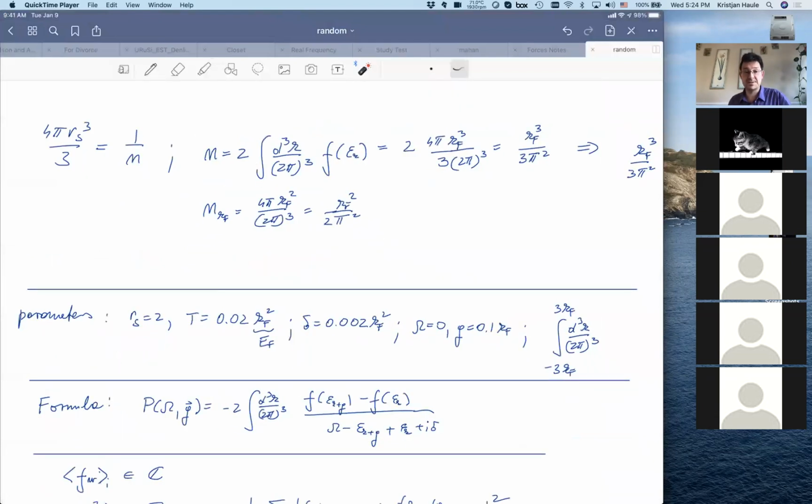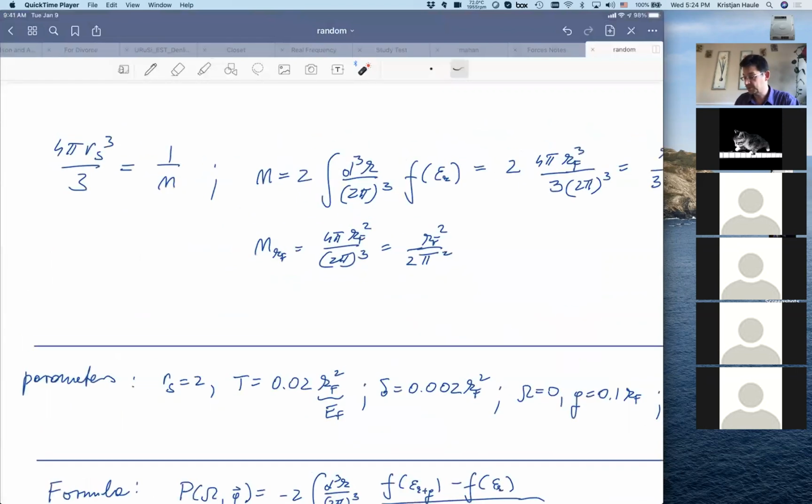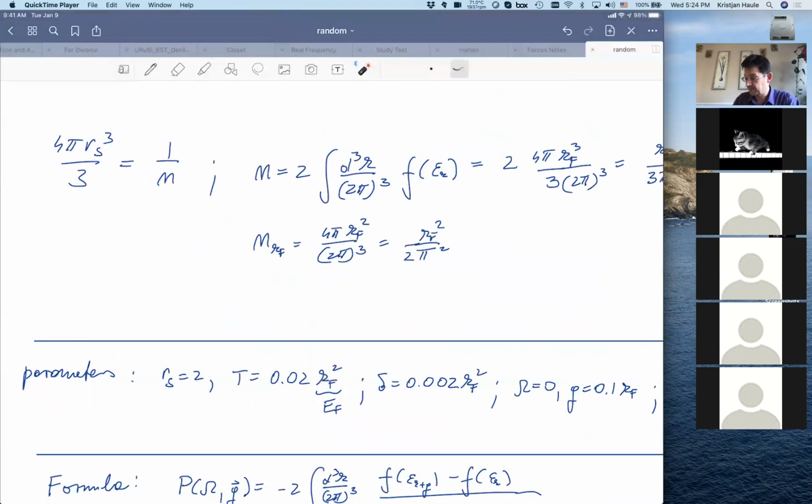So this is just a uniform electron gas, which is something that you learn in, I think, even an undergraduate course. The first thing to remember is that rs is the average distance between electrons. So the volume per electron is 1 over the density, isn't it?